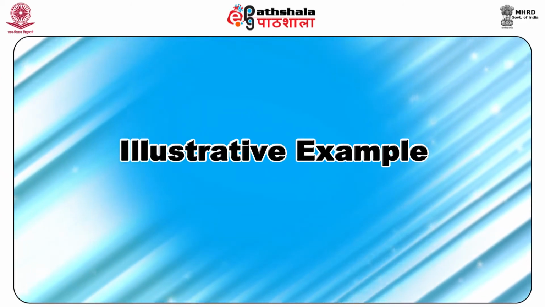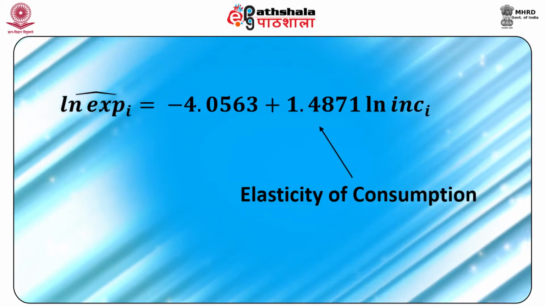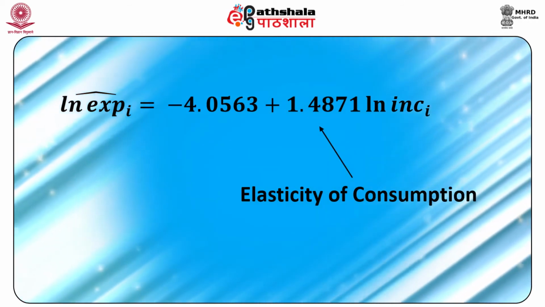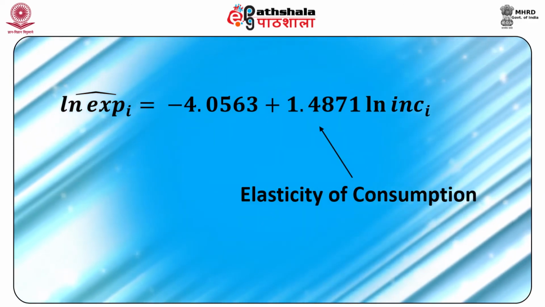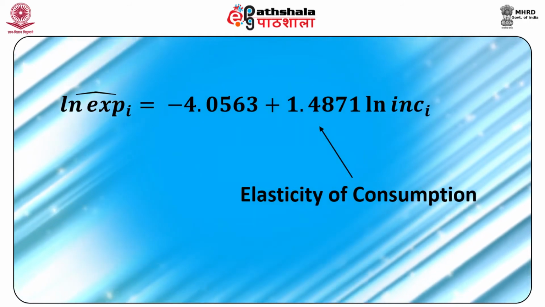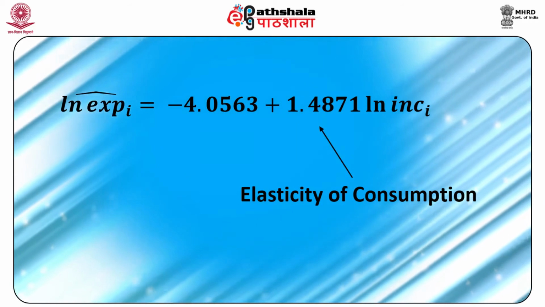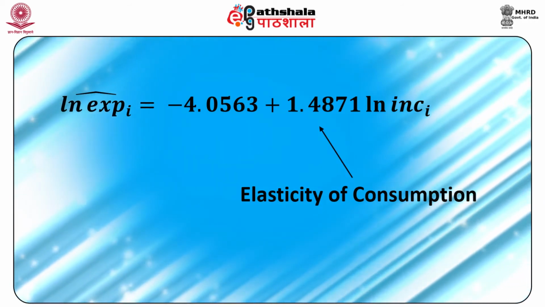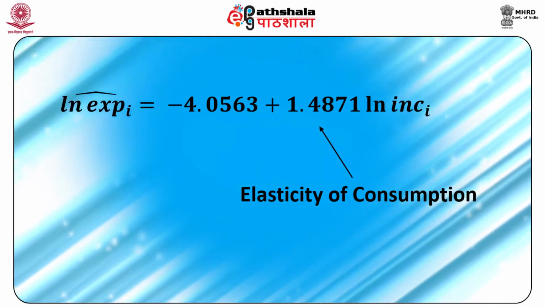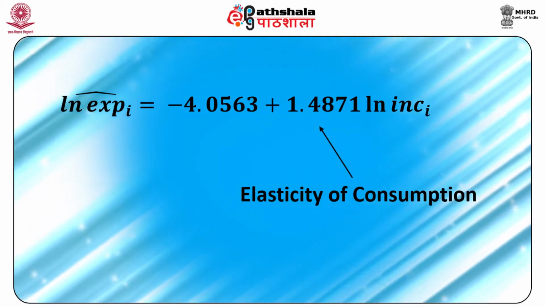Let us take an illustrative example. Consider the following results of the estimated regression model between consumption expenditure and income. Let's presume that ln EXPi = -4.0563 + 1.4871 ln INCi, where EXPi is the expenditure of the ith individual and INCi is the income of the ith individual.